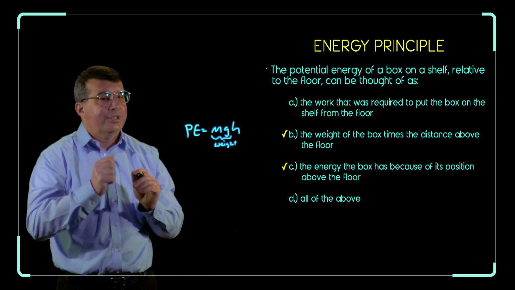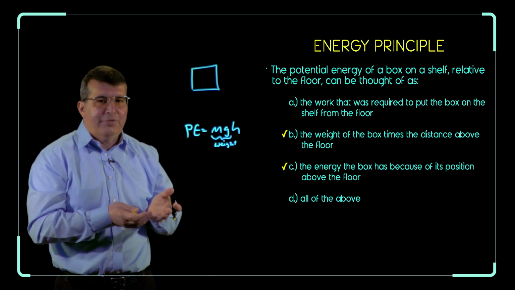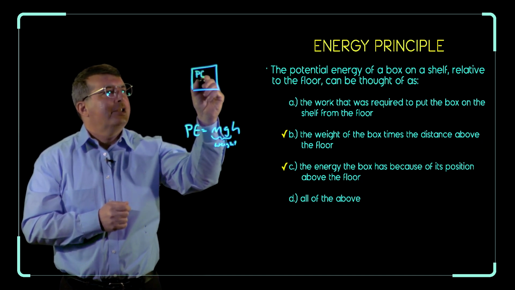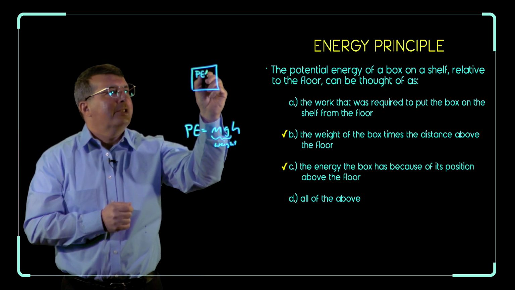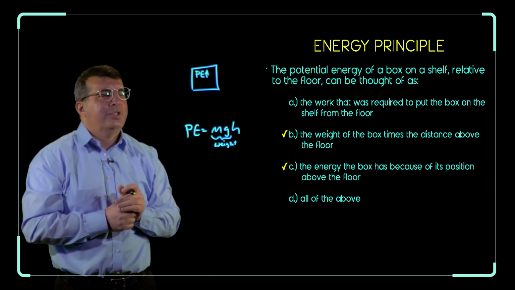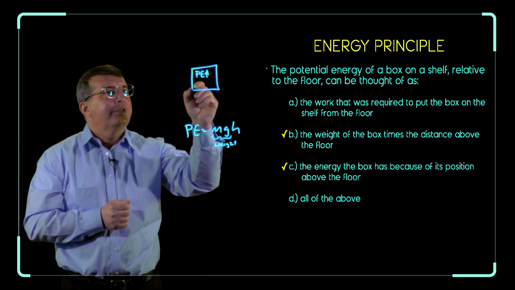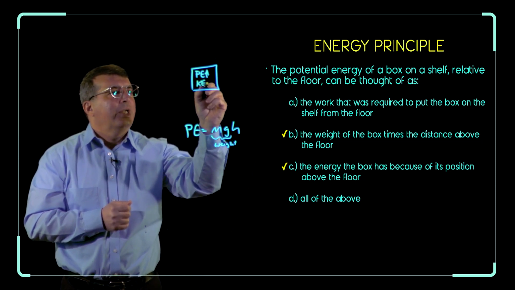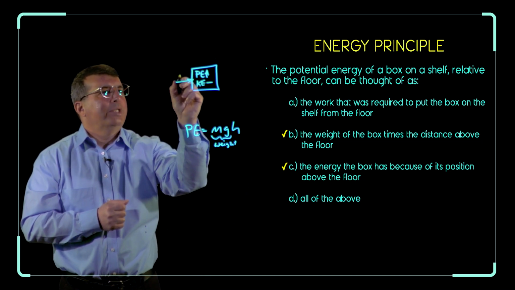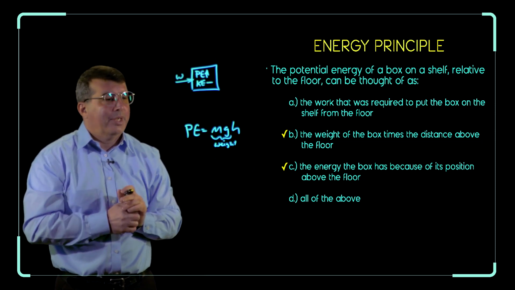Now let's think about our energy diagram. As we lift the box from the floor to the shelf, our potential energy is increasing. Going from the floor to the shelf, potential energy increases. If the box is at rest on the floor and at rest on the shelf, kinetic energy stays the same. So that means that some work must be done to increase the total energy in the box.